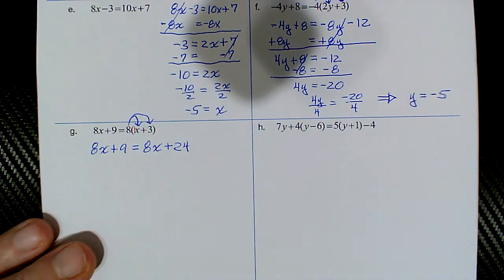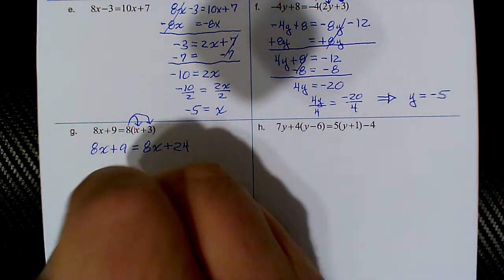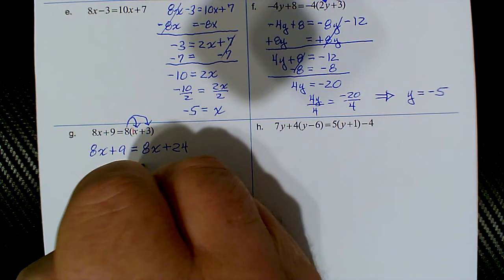And now you might notice something a little peculiar, and that's the fact that the variable on both sides of the equation is the same. And so if you tried to bring the variable to one side, no matter which side you decide to bring the variable to, you would have to subtract 8x.